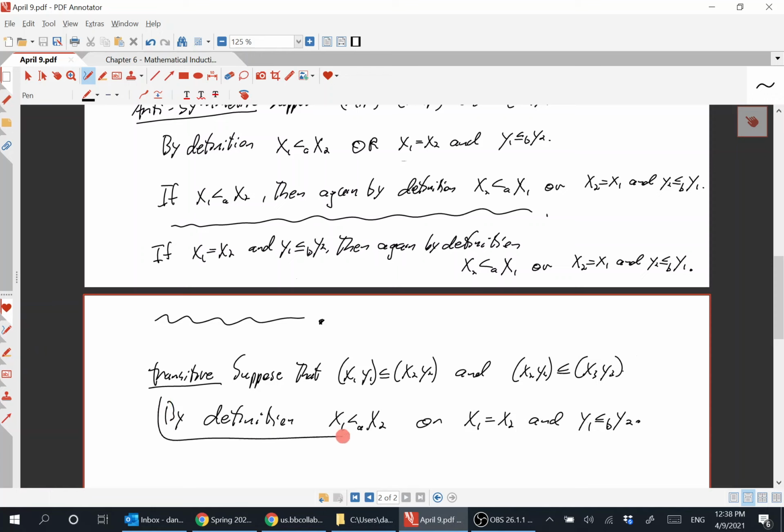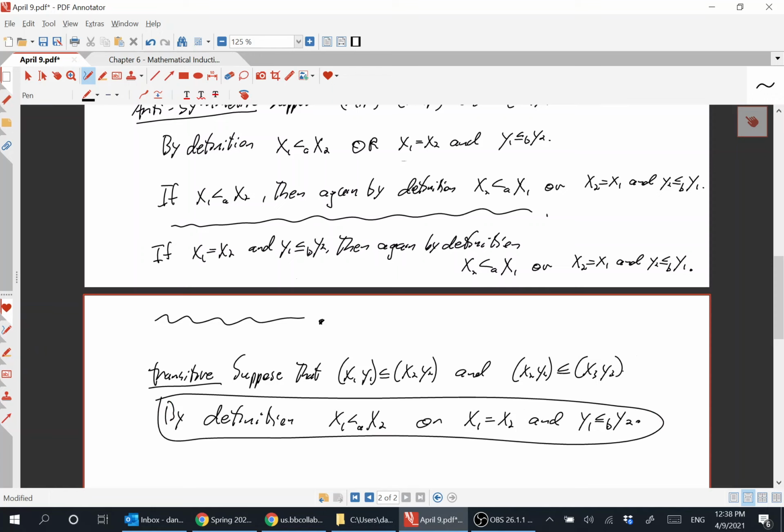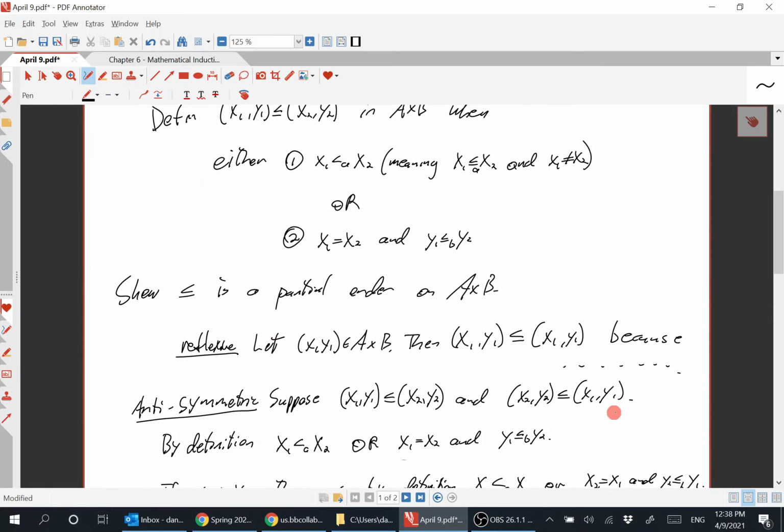Why is this true? Where did I get that from? By definition. Where's the definition of x1, y1 less than or equal to x2, y2? Well, it's given in the problem.